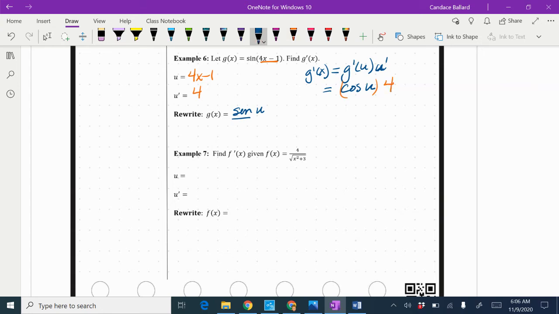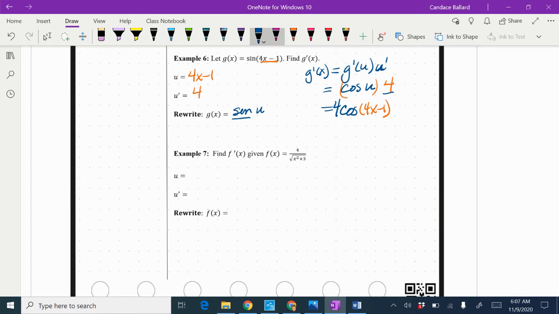I need to replace my u back with the u that I pulled out originally, so I've got the cosine of 4x minus 1, and then I would float this 4 out in front, so 4 cosine 4x minus 1.